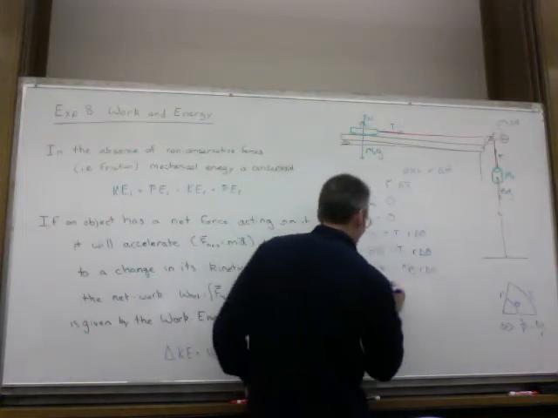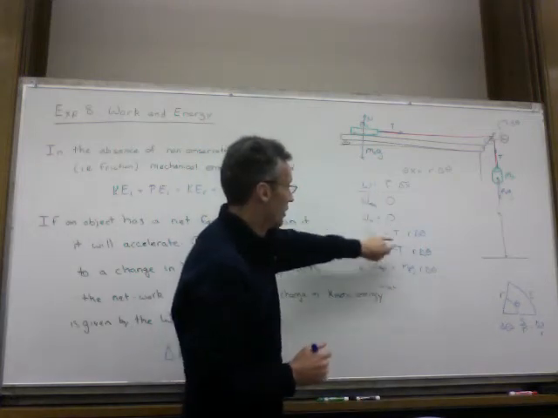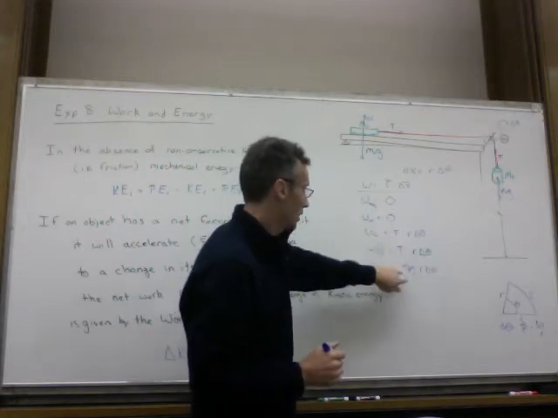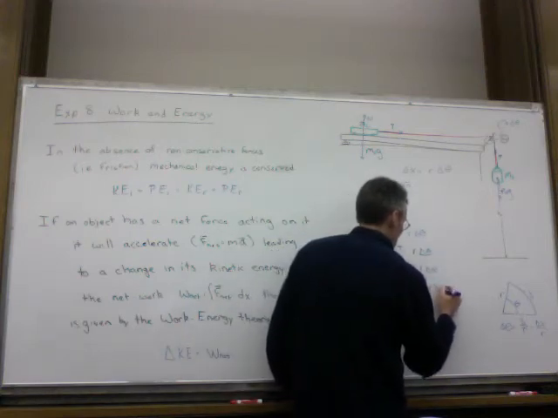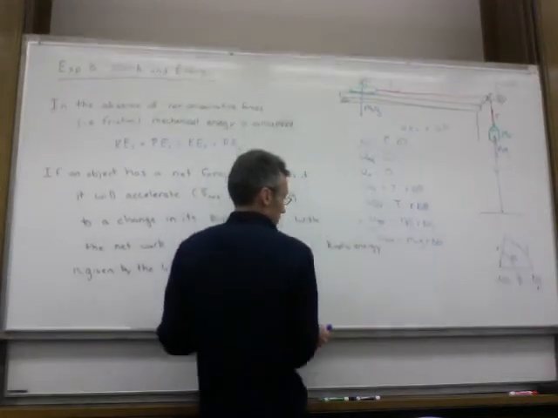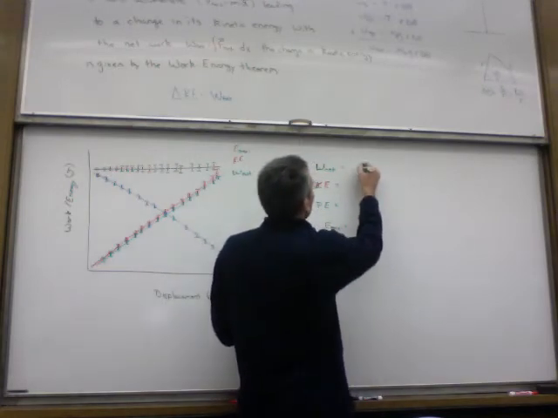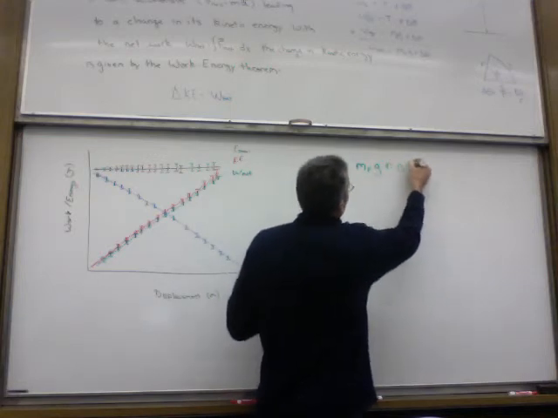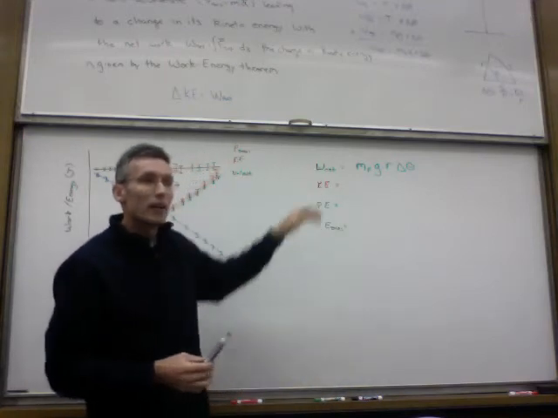Okay, so let's add all these up, and we'll get the net work. 0, 0, a positive and a negative quantity that are equal and opposite, so those cancel. And so the net work is just that due to gravity. Okay, so that's one of the things we're going to keep track of: the net work.